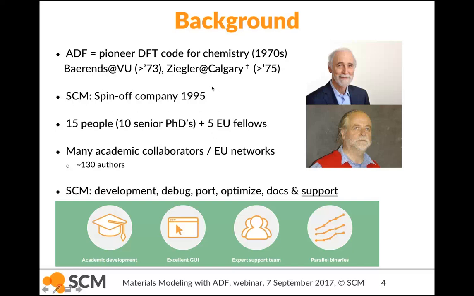So SCM started off as a spin-off company from the Free University of Amsterdam in 1995, some 20 years ago, and we're still renting space here in the university, and we have strong collaborations with the theoretical chemistry group, as well as many other academic groups worldwide. Currently we have about 15 people that work with SCM, and most of them did their PhD in computational physics or theoretical chemistry, so they really enjoy doing science.